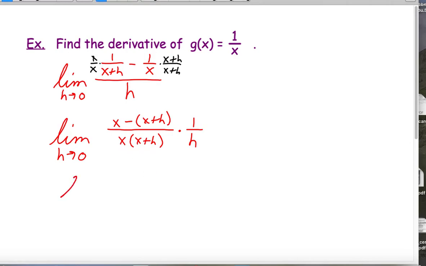So now if I simplify what I have, the limit as h approaches 0. In the numerator, I'm just going to be left with a negative h. And in the denominator, I have x times a quantity x plus h times h. And then negative h over h reduces down to negative 1 over 1.